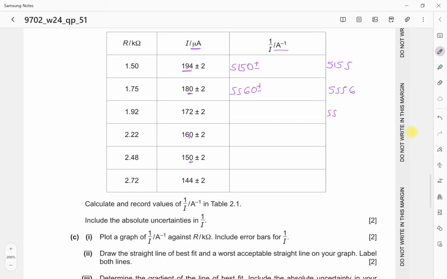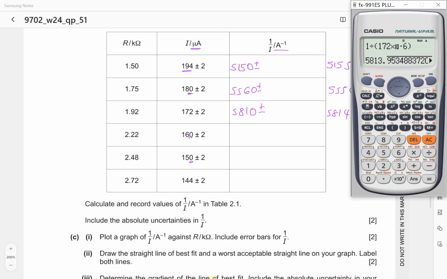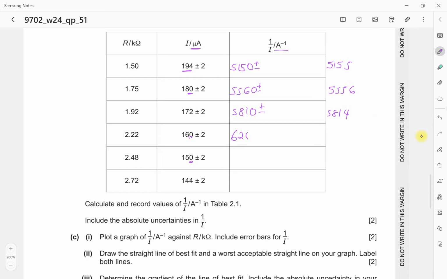That is 5814, but I'll just write 3 significant figures: 5810 plus or minus. The next one is 1 divided by 160 exponent minus 6. So that is 6250, 6250 plus or minus.